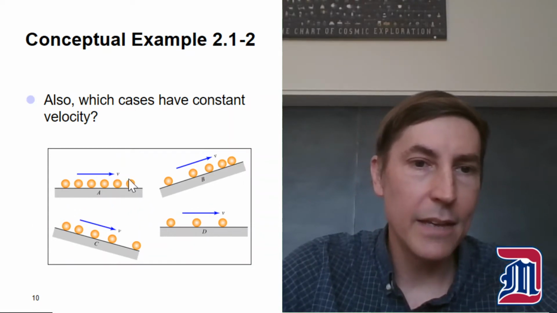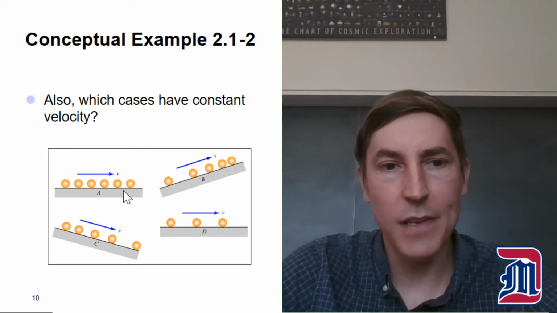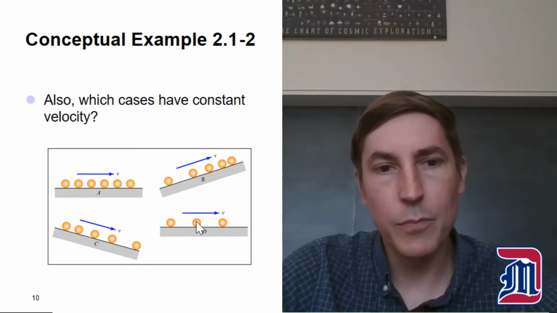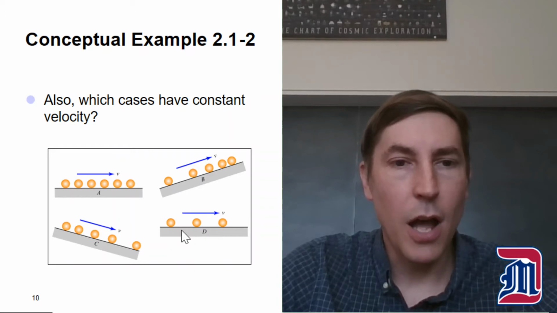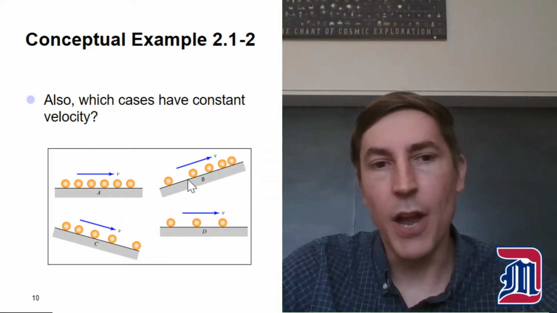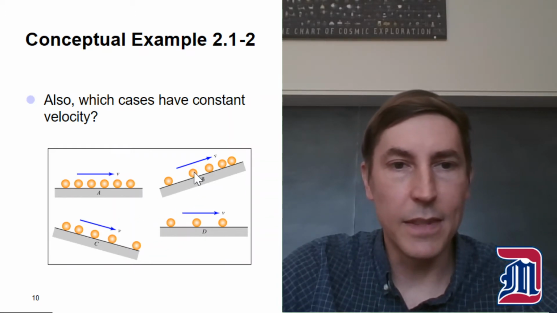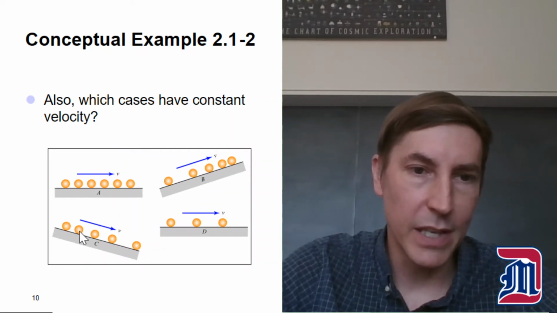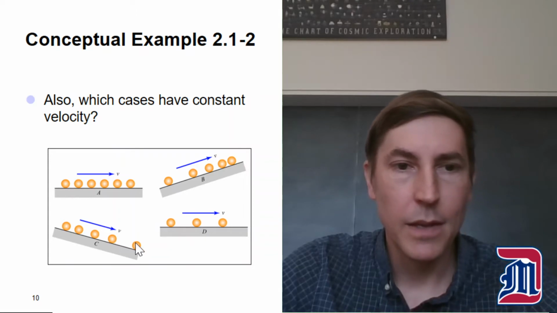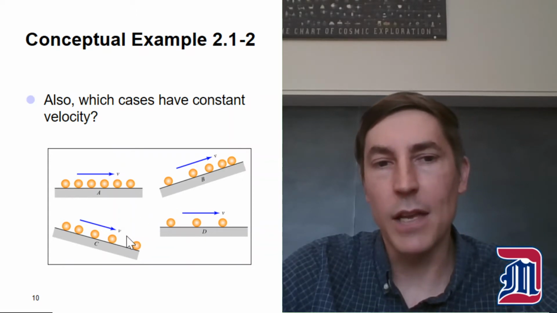So A, I would say, has a constant velocity. Same thing with D. The amount of position change is the same for each snapshot. So I would say A and D are constant, but B and C are not. You can see that the delta S is changing as the ball rolls in each of these cases. And so in each of those cases, the velocity is changing.